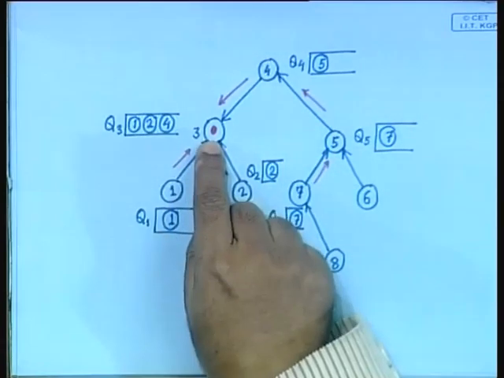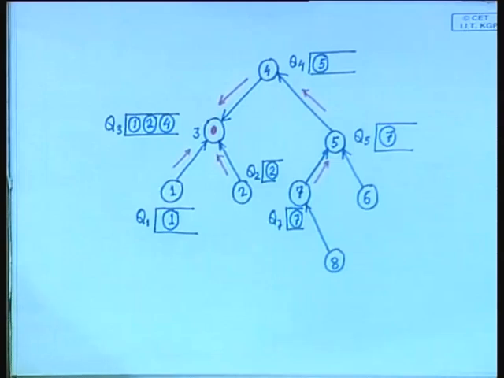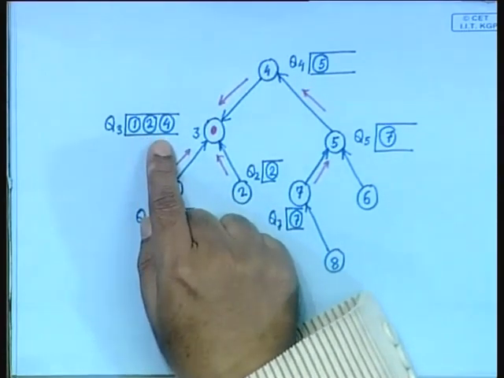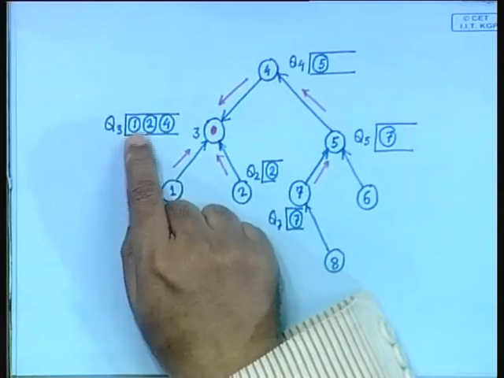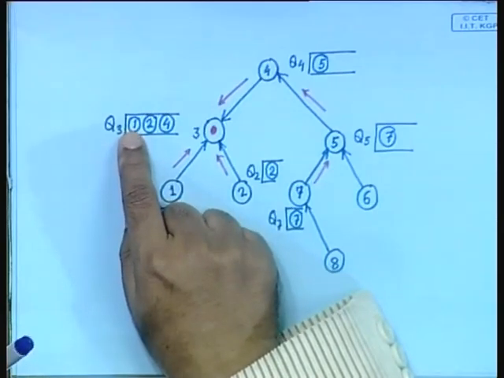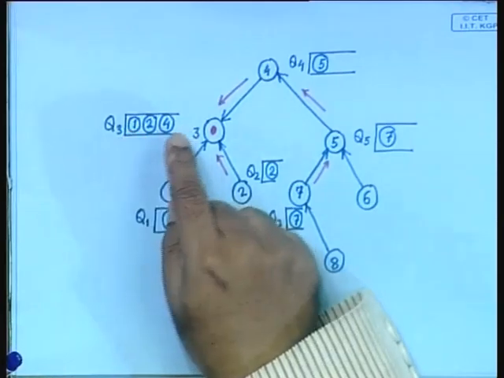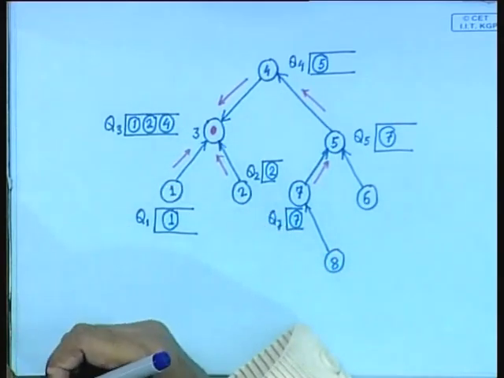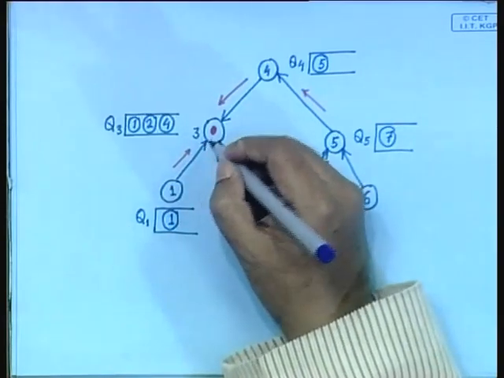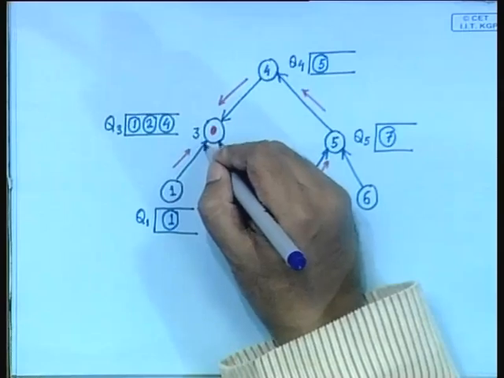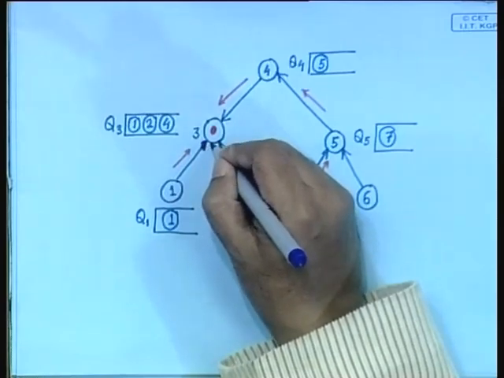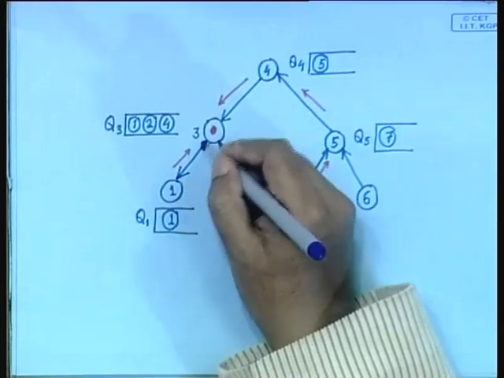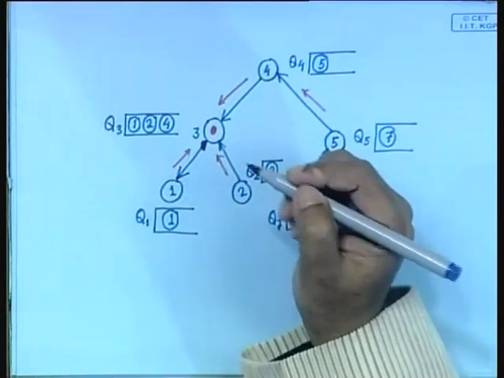Now, what does 3 do? 3 says that it is not one of the requesting sites, it does not want to enter the critical section, but so it picks up the top one from here, which is 1, and sends the token to 1, right. And corresponding to that, what is it going to do? So, this edge will now point in the other direction because 3 will make its holder point to 1, right.